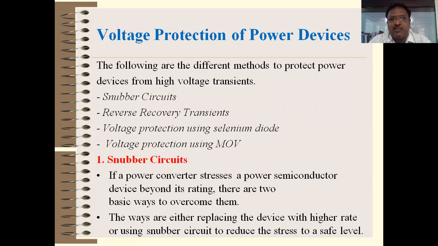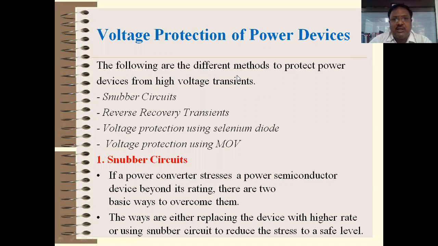Similarly, heat sink is asked many times. Write a short note on heat sink and so on. Sometimes small problems are given on heat sink. Then different protection circuits on voltage protection, current protection. These are some typical topics on which questions will be asked in the examination. Okay. So snubber circuit is the first one. Then other circuits we will see later on.